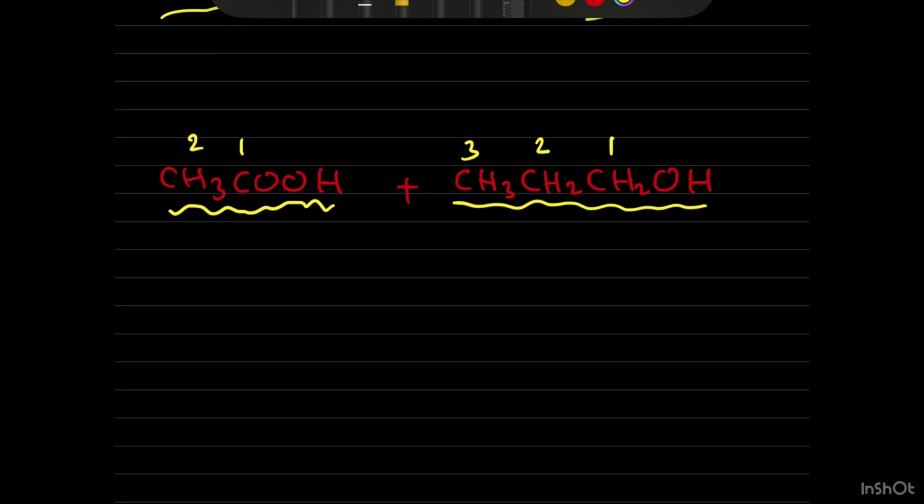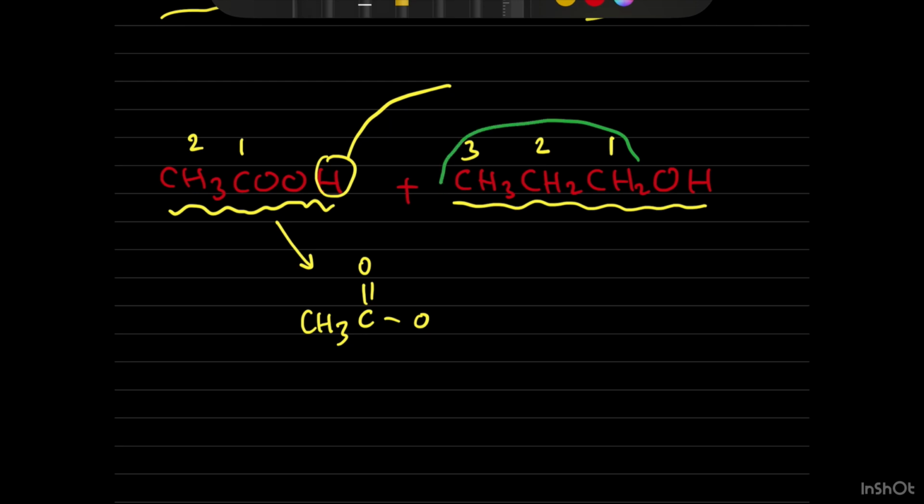First of all, you have to write the carboxylic acid like CH3, C double bond O, and then O. Put in your mind that the H here is removed, okay, and the whole group of the alcohol, except the OH, will replace the hydrogen. By the way, it's not the real mechanism for this reaction, but it helps us understand what the structure of the ester will be.